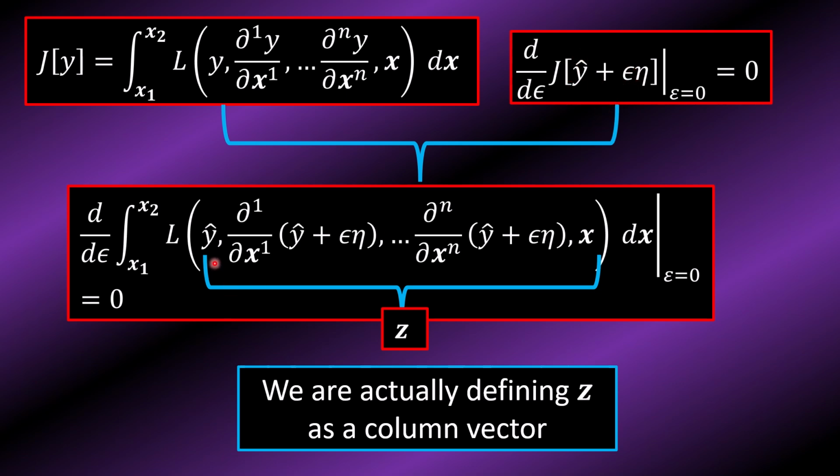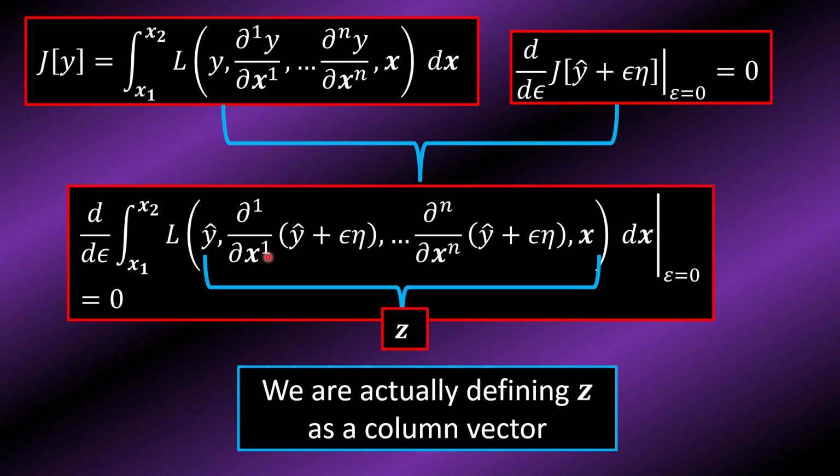Now what we're going to do is define z to be a column vector, meaning that this all becomes a column. So basically x is now a column vector, and the Jacobian derivatives are now row vectors.